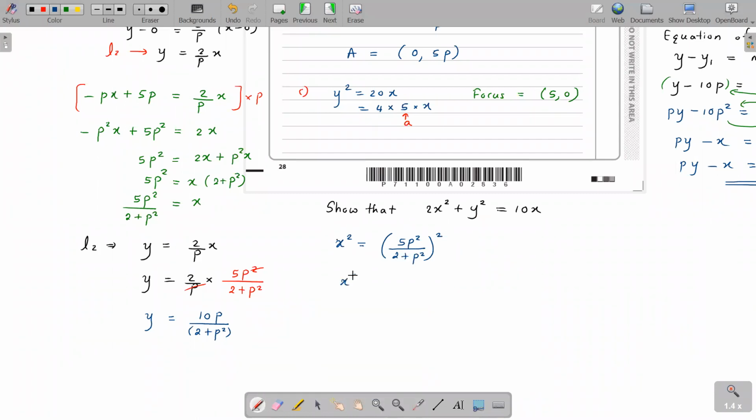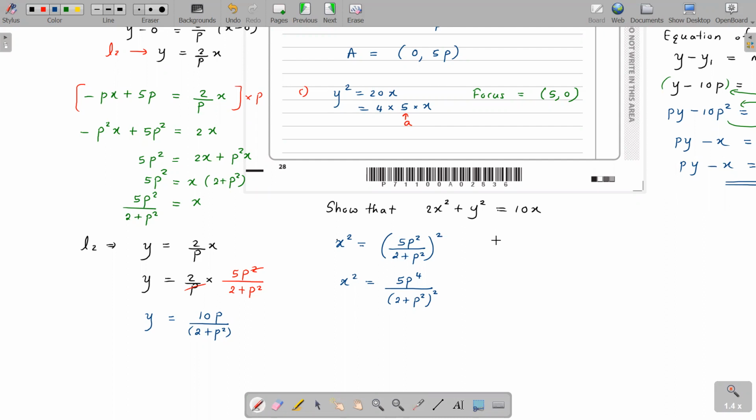We get here 5 squared, and the power 2 goes to everyone: you get 5 p to the power 4, over 2 plus p square, whole thing squared. Look at this. The power 2 comes to the 5, to the p square, and to the 2 plus p square. It's a positive, so you put a bracket around and put the square.